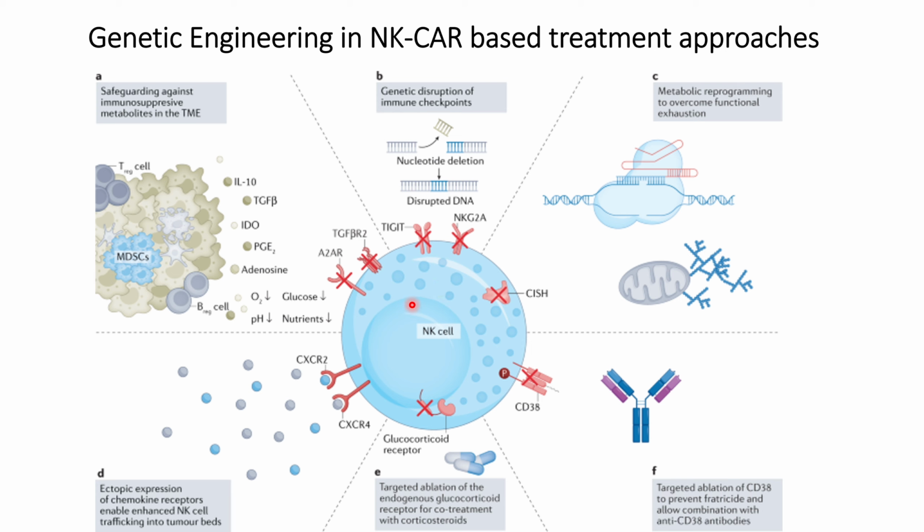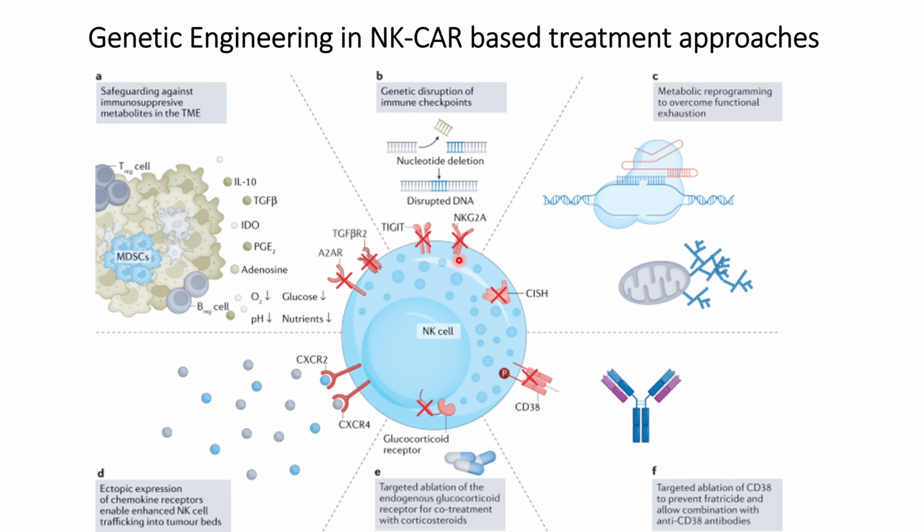Some of the common checkpoint inhibitors are the PD-1 receptors that are usually expressed on NK cells and also on other immune cells. The example shown here is of TIGIT and NKG2A. When the tumor cells interact with these receptors, it will suppress the immune response.